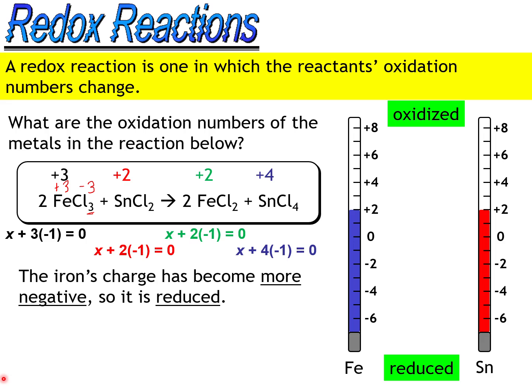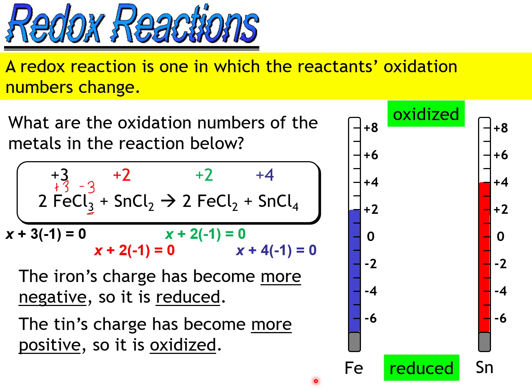And then we look at the other one, and we've got tin going from +2 to +4, so it's going the other way. So it's being oxidized. And the oxidized part is actually kind of a historic term. It came from observations that if you went from something like elemental sulfur, which has an oxidation number of 0, to SO2, now sulfur has a charge of +4, or maybe SO3, now we've got a charge of +6 on that sulfur.